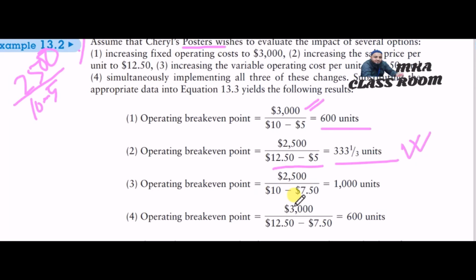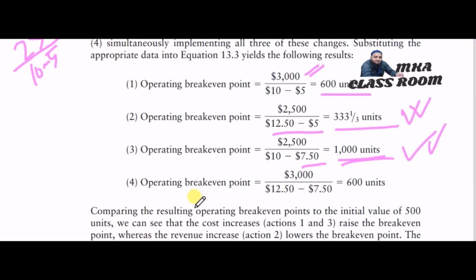If the variable cost increases, the break-even units increase. In the same way, if the sales price and variable cost both increase, the break-even units also increase.